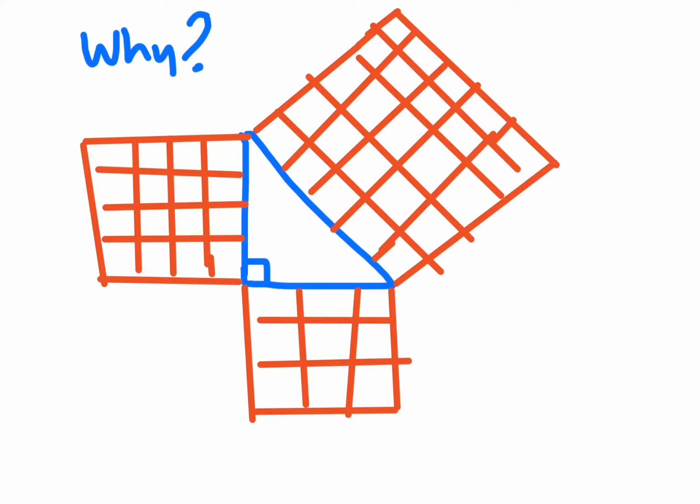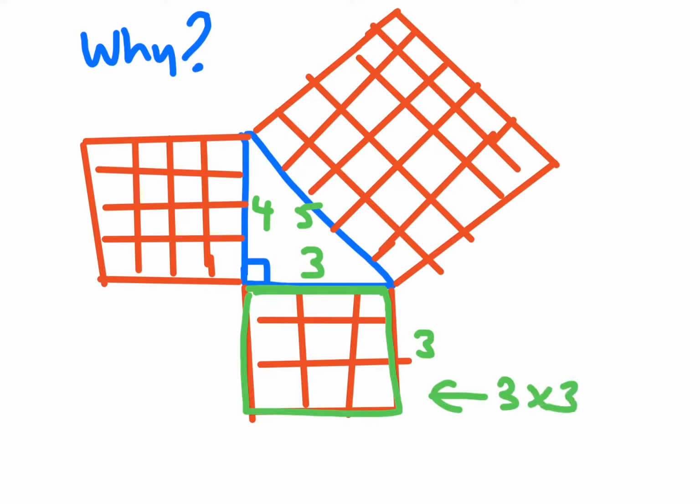If on each side you draw a square, and we're just going to do it for a triangle that has sides of 3, 4, 5, so we can just see how it actually works here. Now, if we look at this square here, the area of this square is 3 by 3, which can be written as 3 squared.